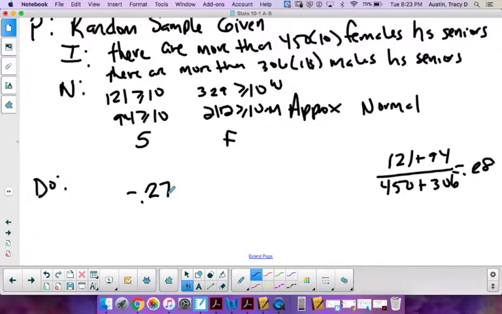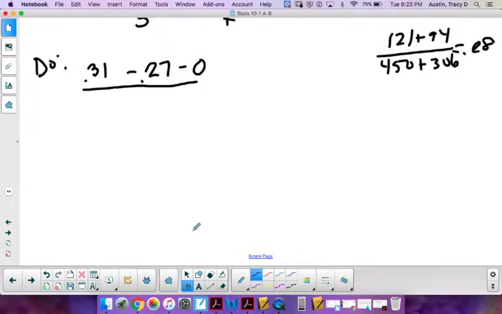All right, so the males was 94 out of 306, and that's 0.31. Okay, and that's going to be minus 0 because, again, that's our assumed mean. And then our big, okay, so 0.28.